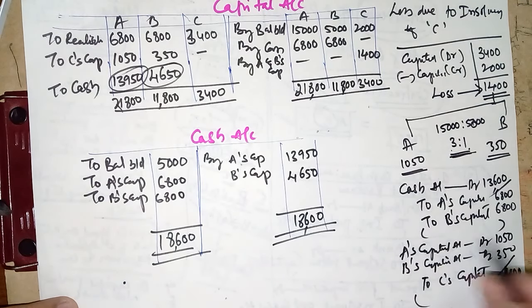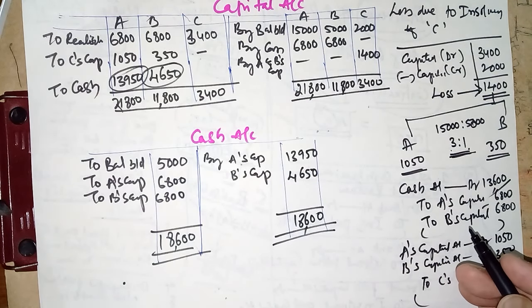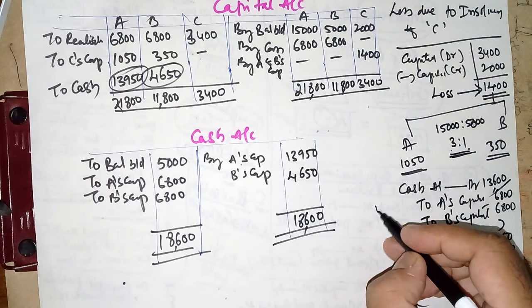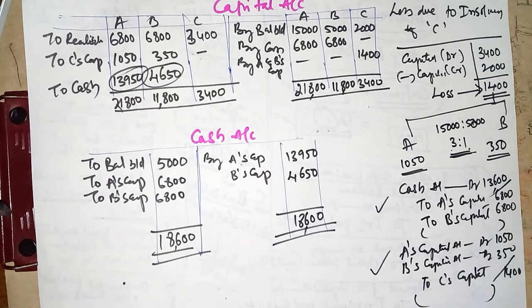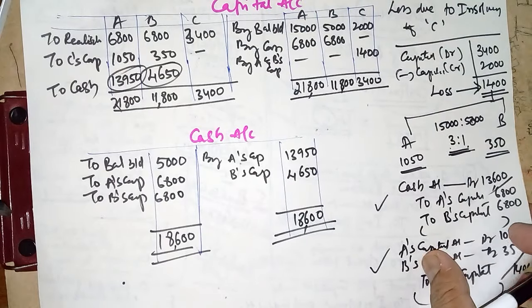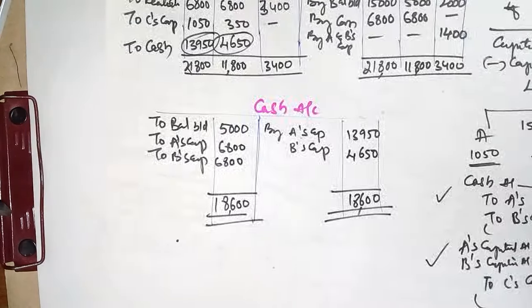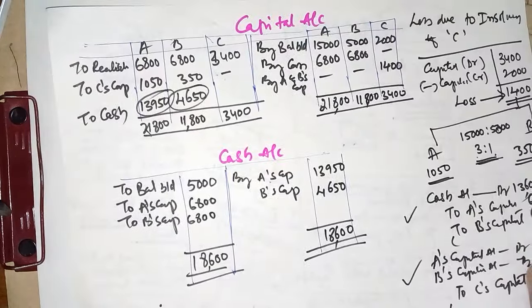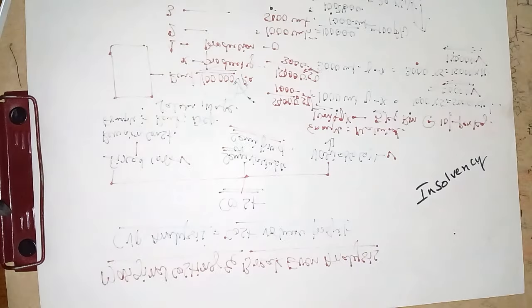So this is the way we need to work out the problem, right? These journal entries are very, very important besides other journal entries of dissolution. Clear? So in this question, I tried to help you out with working out this problem, right? So we'll take up one more problem to understand better.